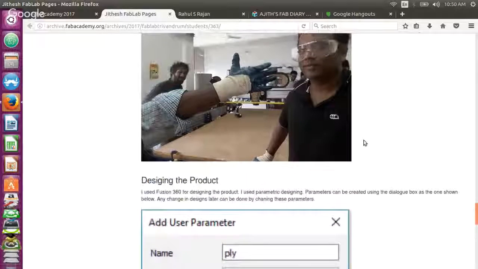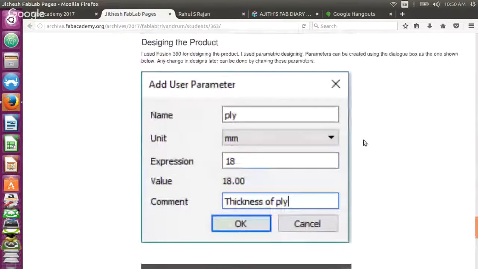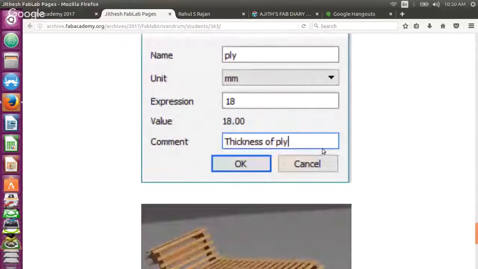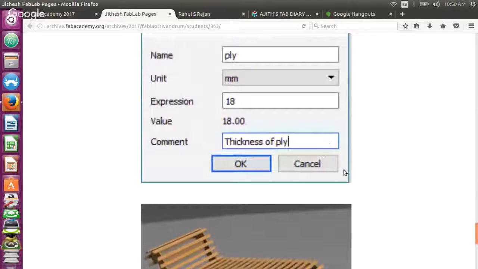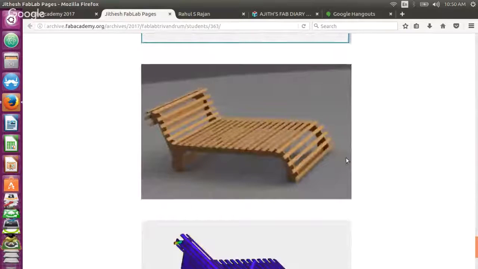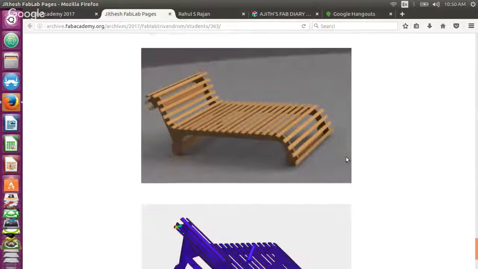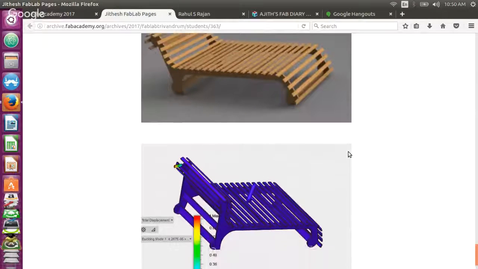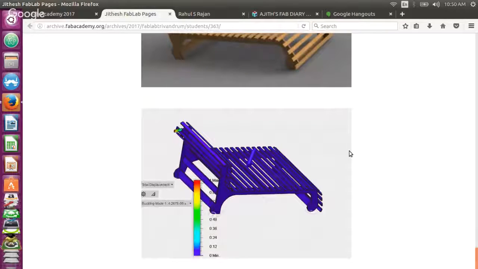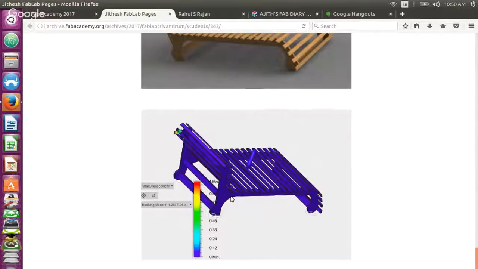Coming to the product that I'm going to design, I have designed something using Fusion 360. I'm trying to use parametric design this week. So this is the product. Right now we have finished the design, but it takes more material to make this final product.